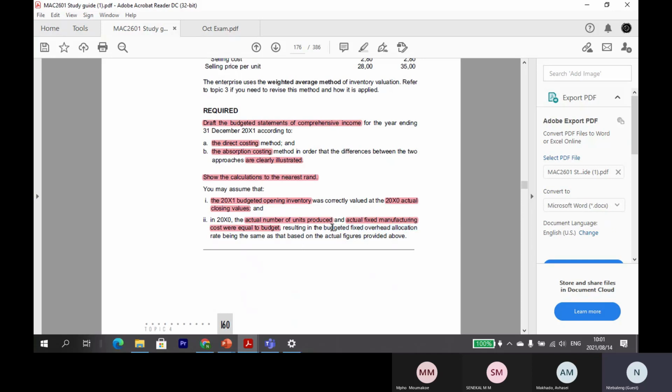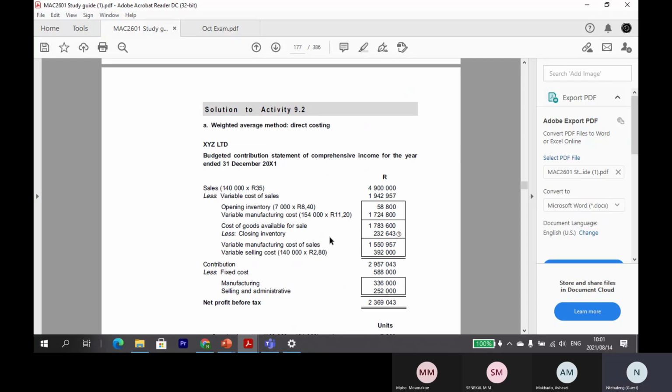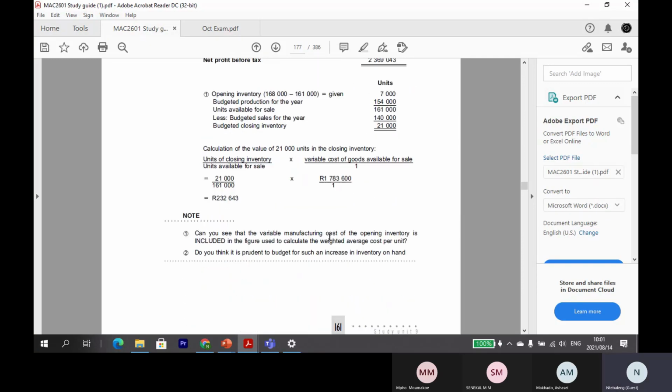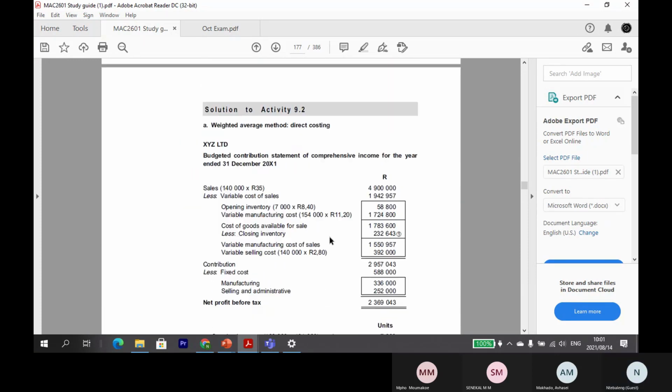So why are they saying this? They're saying this because there's no over or under. Remember, unit 1 or 2 talked about the overs and unders. So the budgeted fixed overhead allocation is the same as the actual, so there are no overs and unders. Okay. With that information being said, let's look at the solution.